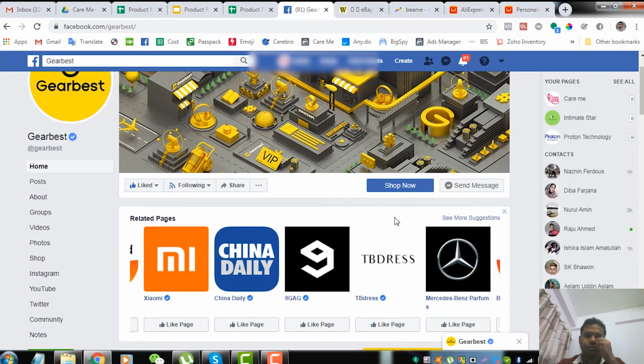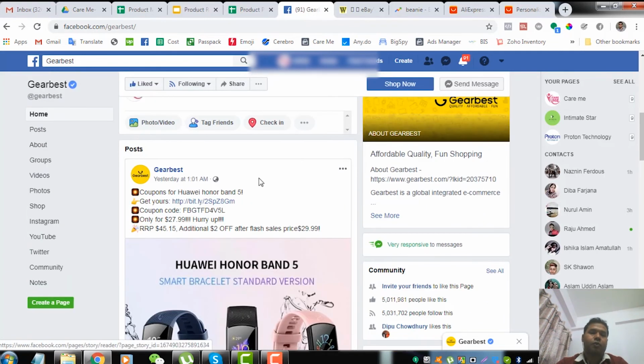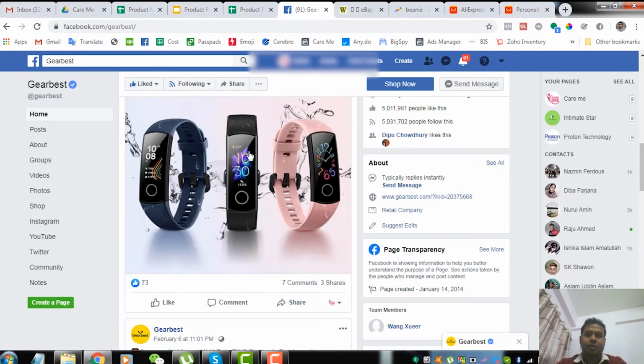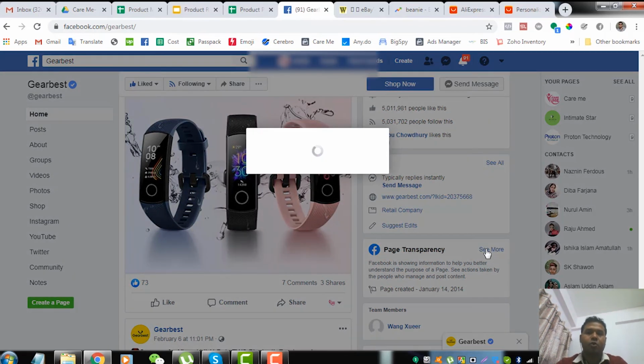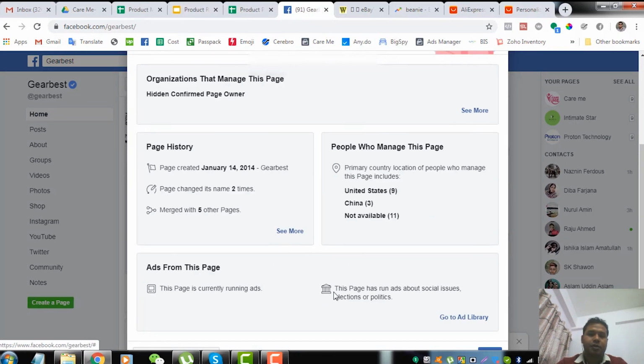You don't have to look for product ideas every single day. Just assign somebody to visit those pages, or do it yourself, and look for new product ideas. One hack is to look for the ads that these pages are running. For example, here, if we go to page transparency and see more, you'll find that this page is currently running ads.